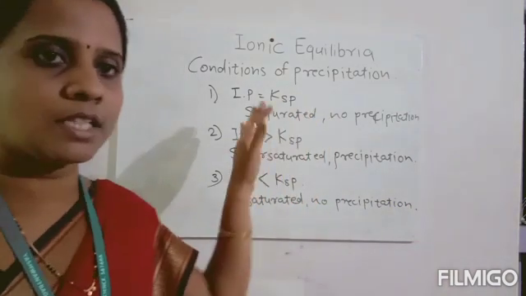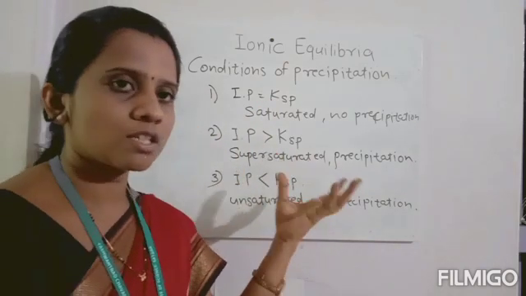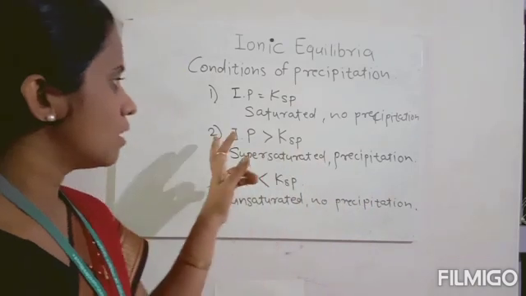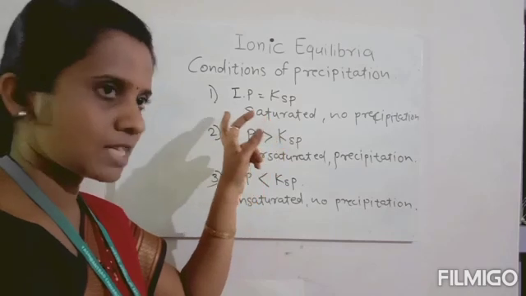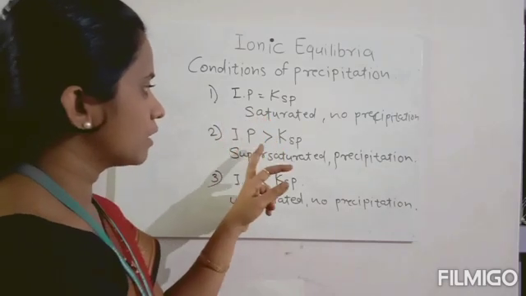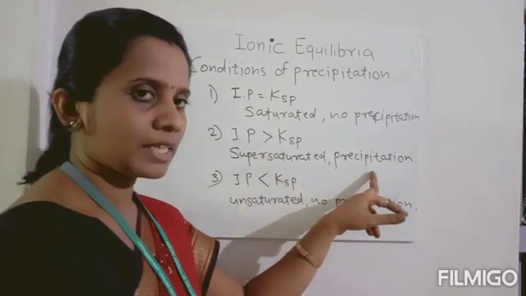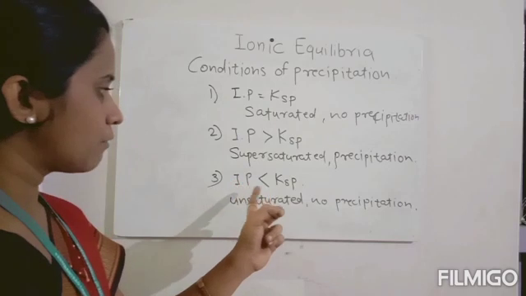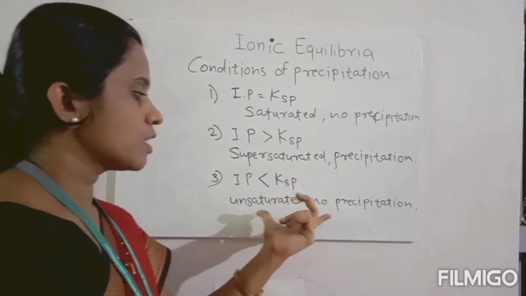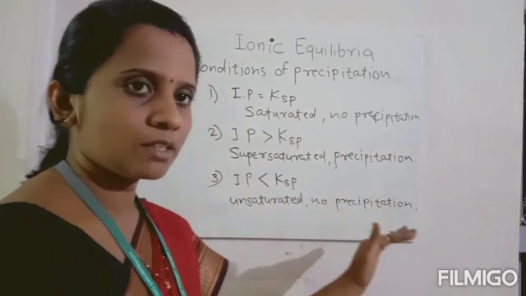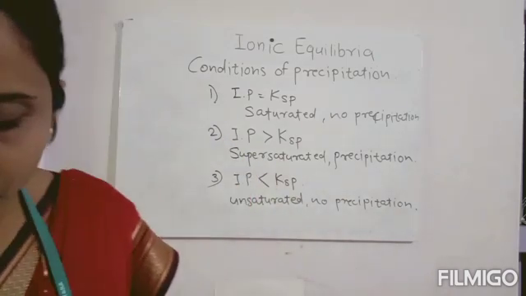So these are the three conditions, and from these conditions we can find out whether the solution is precipitated or not. Ionic product equal to Ksp, no precipitation, solution is saturated. Ionic product greater than solubility product, supersaturated solution, and there will be precipitation. And when solubility product is greater than ionic product, that solution is unsaturated and there will be no precipitation. Okay, so these are the conditions.